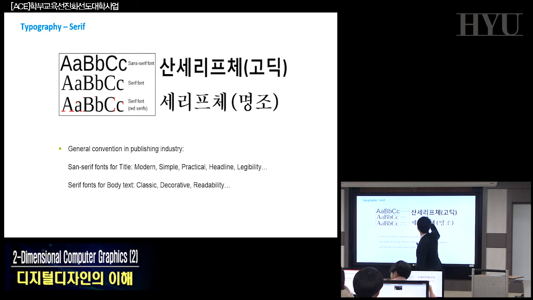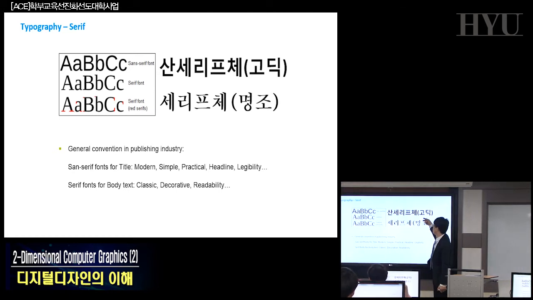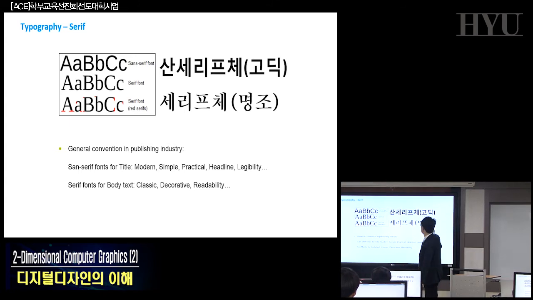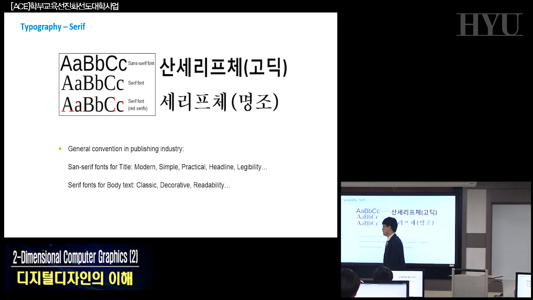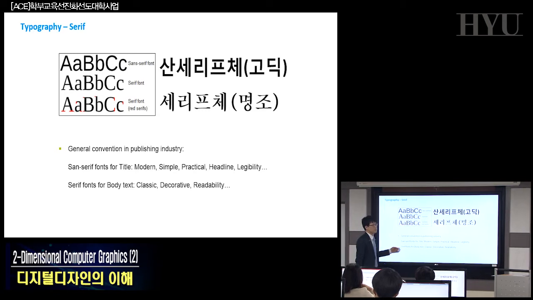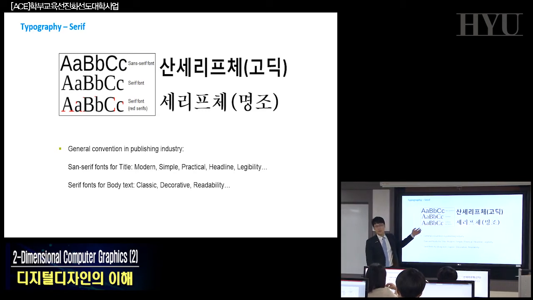So usually in Korean, we use this kind of font, Gothic font. Differently, a serif font is here, and there are a number of examples. At least we can divide two different font styles, serif and sans serif.